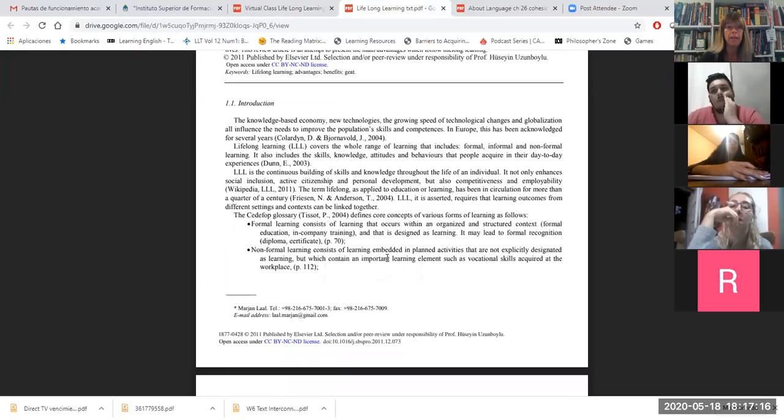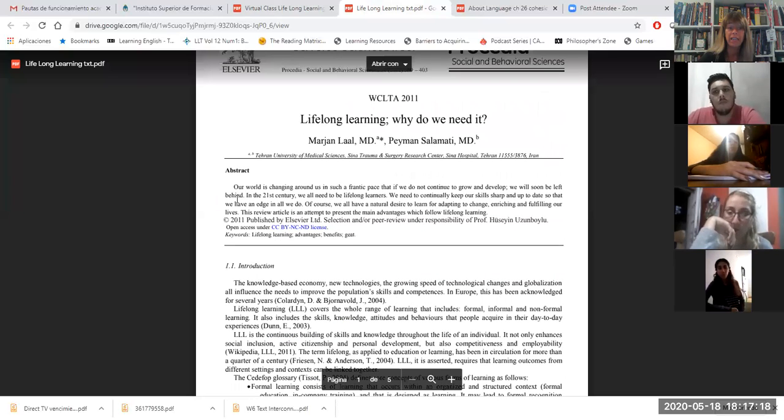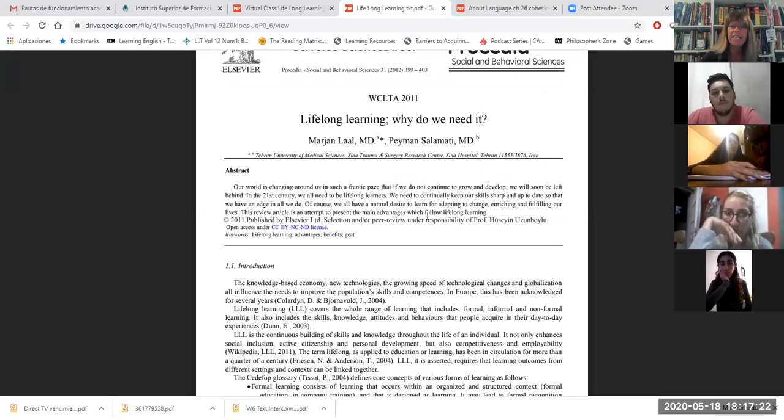As you can see here, the abstract has only 4 or 5 lines, and the idea, as Sergio pointed out, is to summarize the whole article.